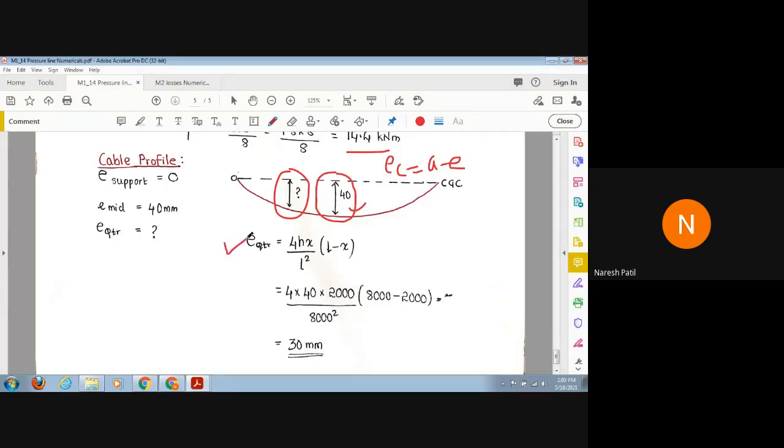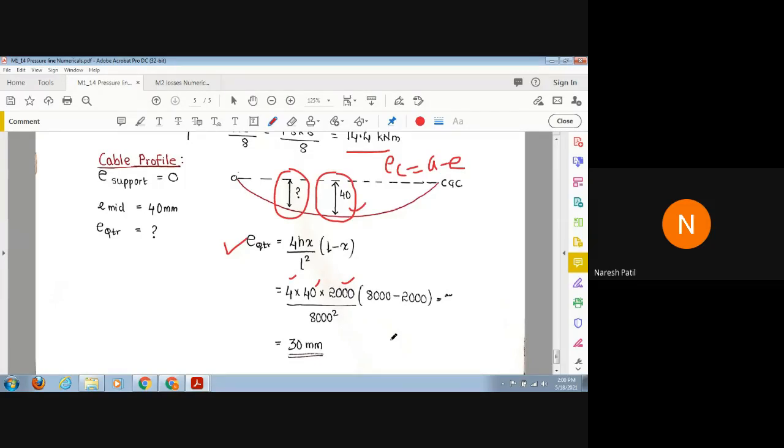Given the eccentricity at midspan, with respect to that you can calculate the eccentricity at quarter span. You have to use this formula, 4hx by L square into L minus x. Here h is the eccentricity at midspan, and x is the given distance, such as the quarter span, wherever you want to calculate.